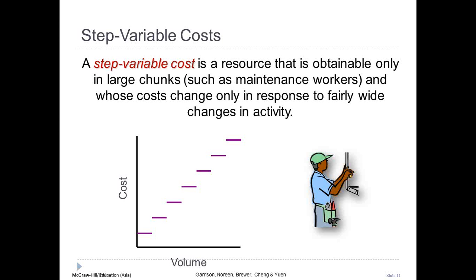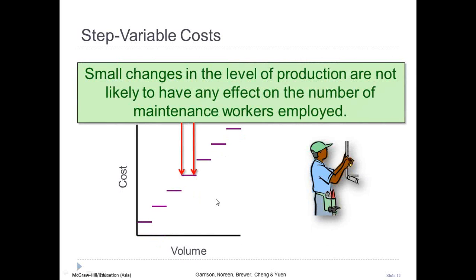Then we would have 3 people, 1 per floor, and so our costs would go up accordingly. It would have the behavior of a step pattern. So those are steps. So small changes in the level of production are not likely to have an effect on the number of maintenance workers employed.